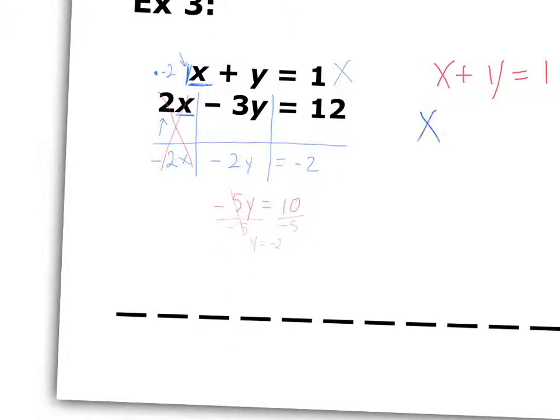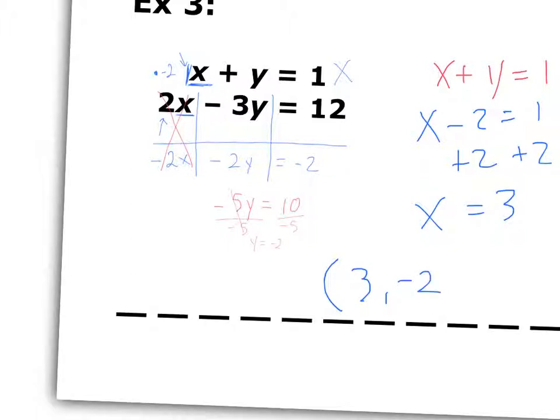So we would have x minus 2 equals 1. And then we would undo subtraction with addition. So x equals 3. Now that we have both our x and our y coordinate, we can put it in our ordered pair form. So 3, -2.